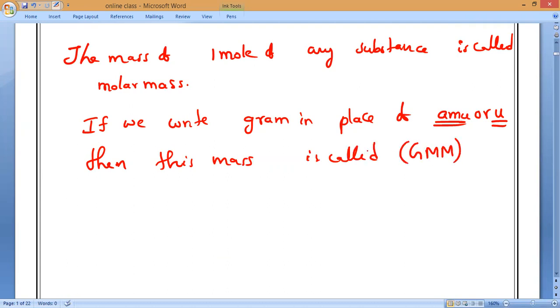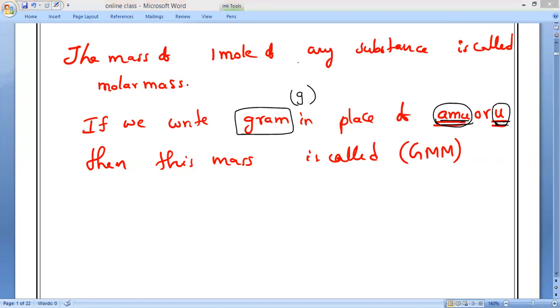What does GMM mean, everyone? Gram molecular mass. I'm not doing anything new. I'm finding the atomic mass or molecular mass, and instead of AMU or U, I'm replacing it with the gram. That's all I'm doing. Is it okay, everyone? Nimish, Arun, Kailash? That is what you have to remember.